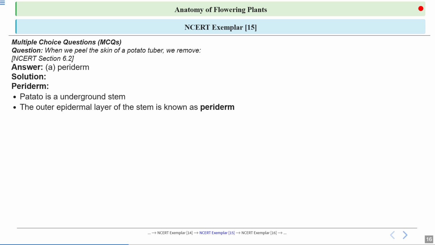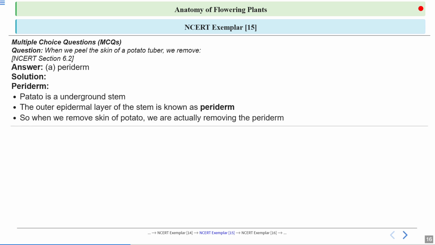Because it has nodes and internodes. You can see the eyes on that, notches from where the new buds come out. So that shows that it is a stem. Now, the covering of this tuber that you call potato is periderm. So when we remove the skin of the potato, what are we actually removing? That is the outer covering of the tuber, that is periderm.